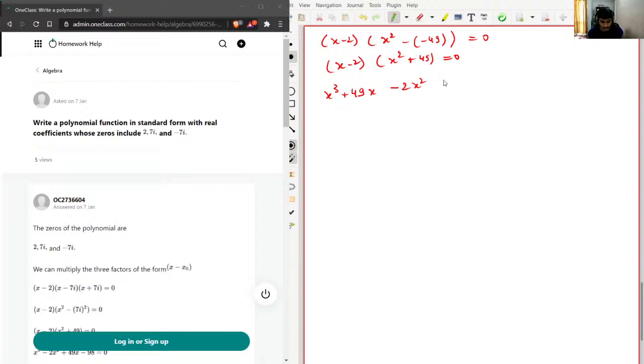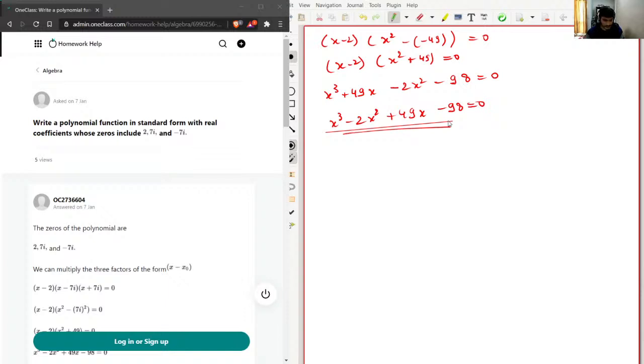So this was negative of 98 equal to 0. We'll just rearrange this from higher order terms to lower order terms. This will become x cube, then minus 2x square, then plus 49x, and then negative of 98 equal to 0.